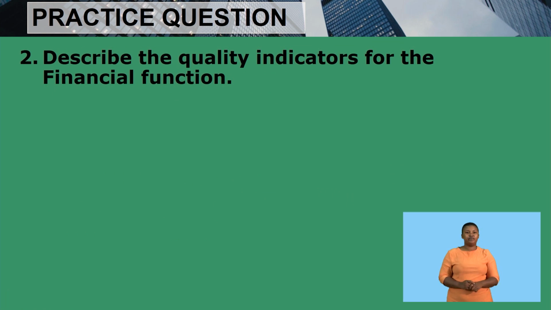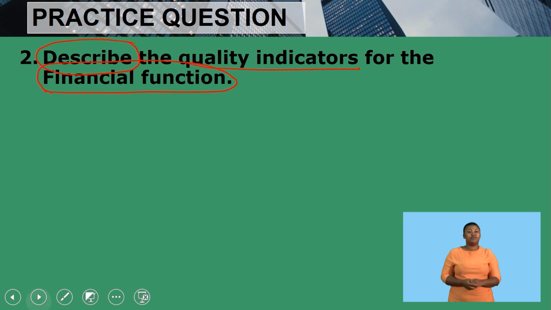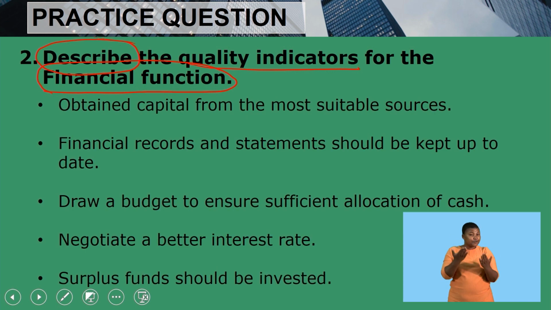All right, our next question asks then, describe the quality indicators, but for which function now? It is for the financial function. So remember, quality indicators is closely related to the responsibilities of the function. What do they do? So when we look at the financial function, we see that they obtain capital from suitable sources.